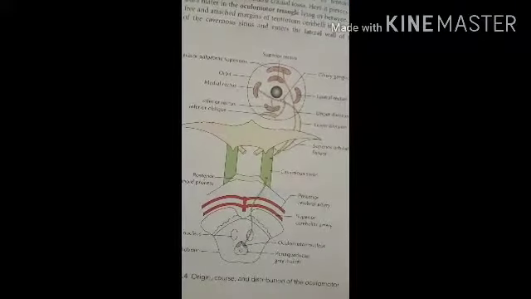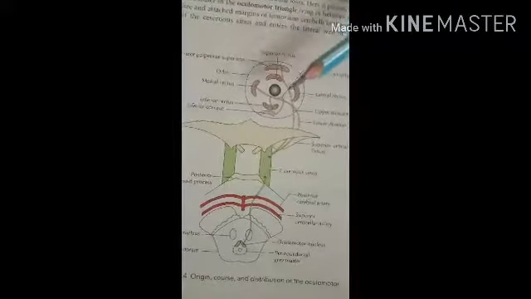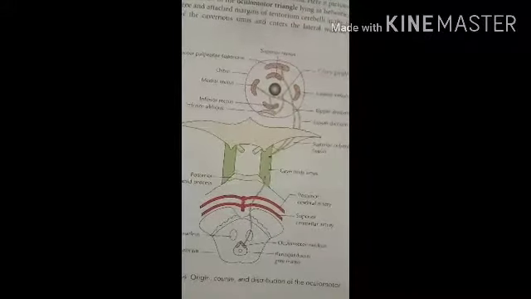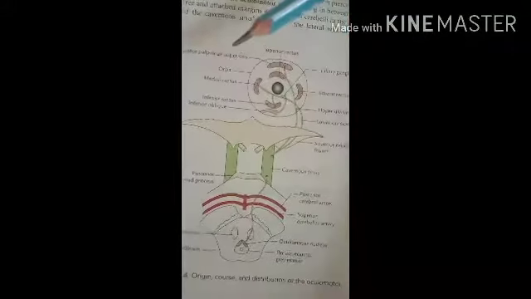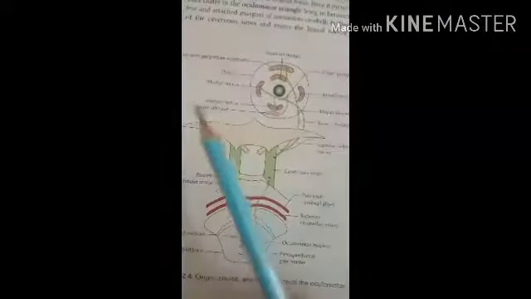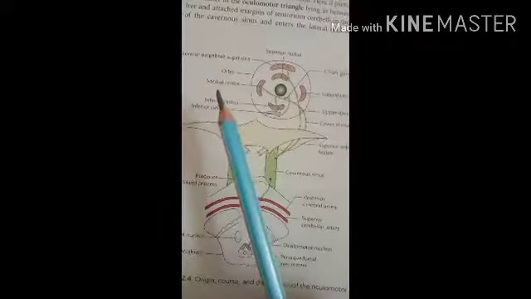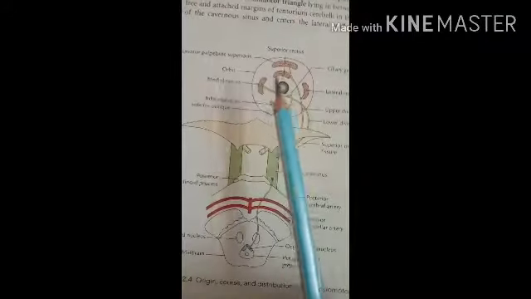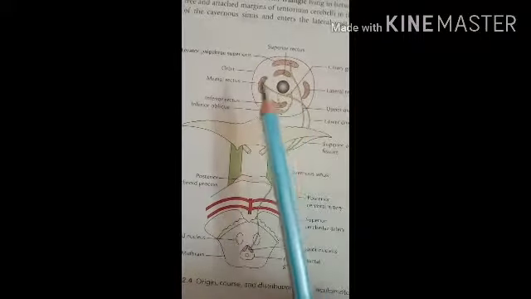Then the next symptom is lateral strabismus, or lateral squint. This occurs due to paralysis of the medial rectus muscle. As the medial rectus muscle is paralyzed, it becomes loose and the eyeball is turned to the lateral side.